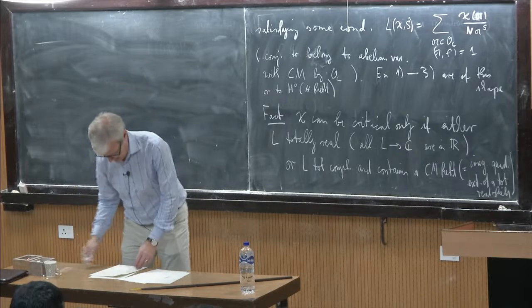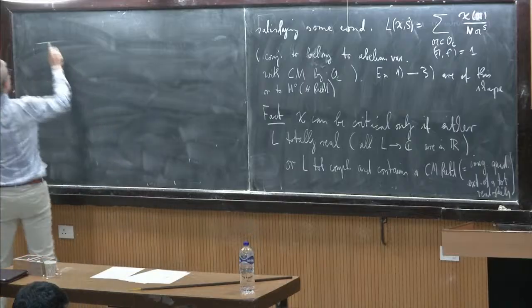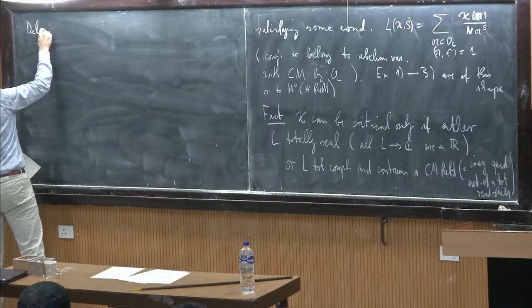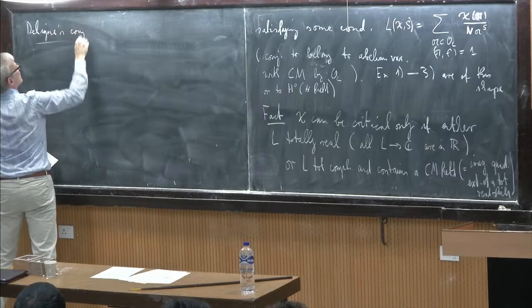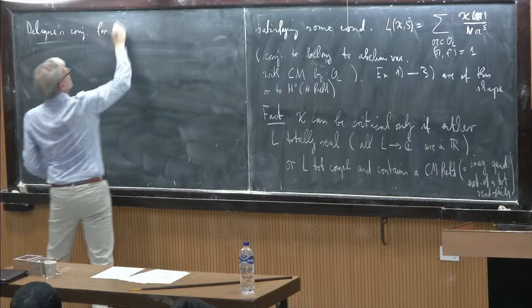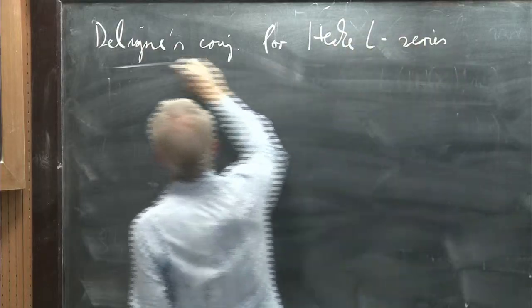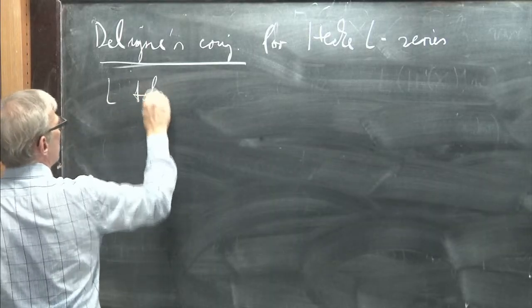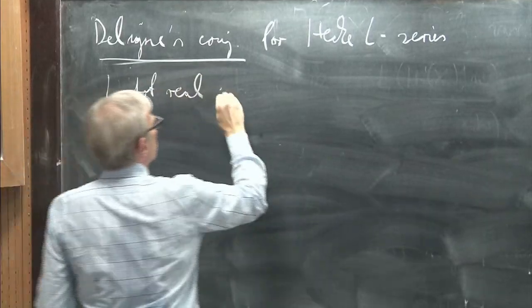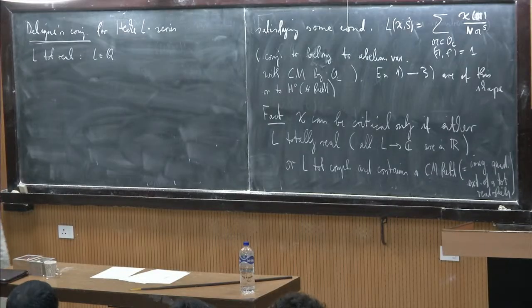Let me discuss the results here in a little bit of chronological order: the linear conjecture for Hecke L-series. So for L totally real, the case L equals the rational numbers is the easiest case.